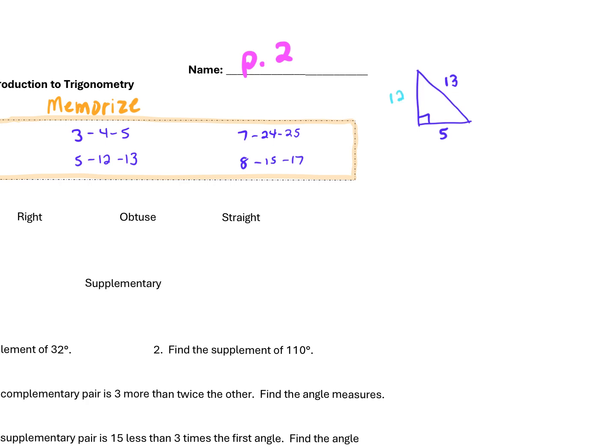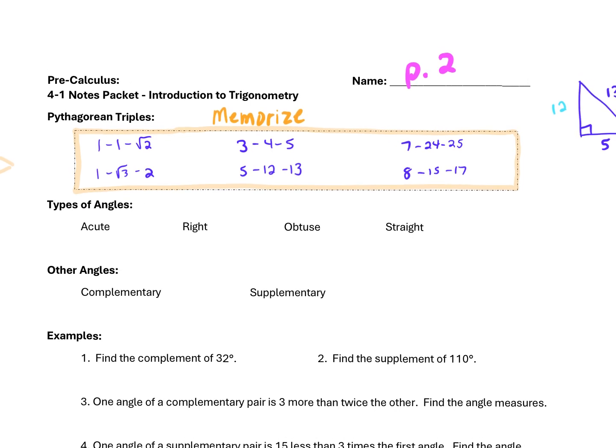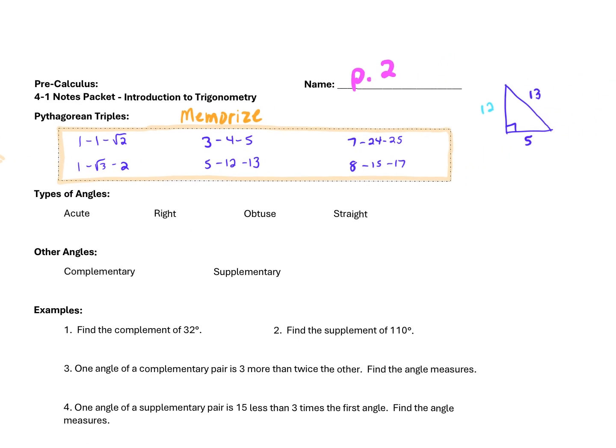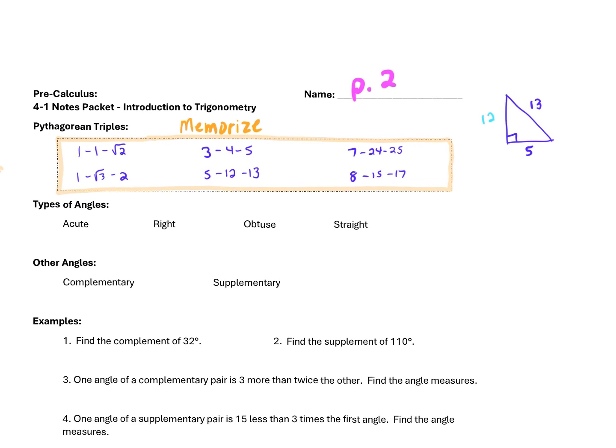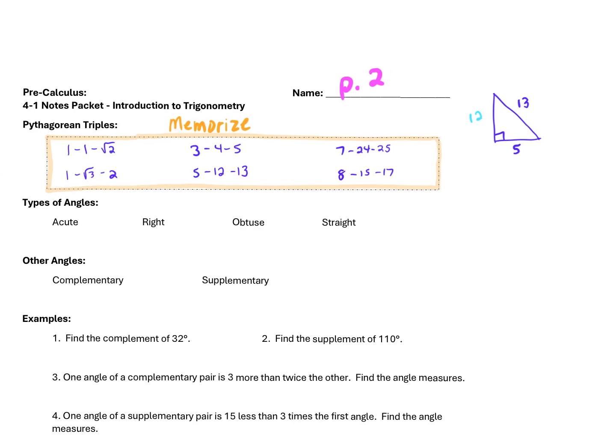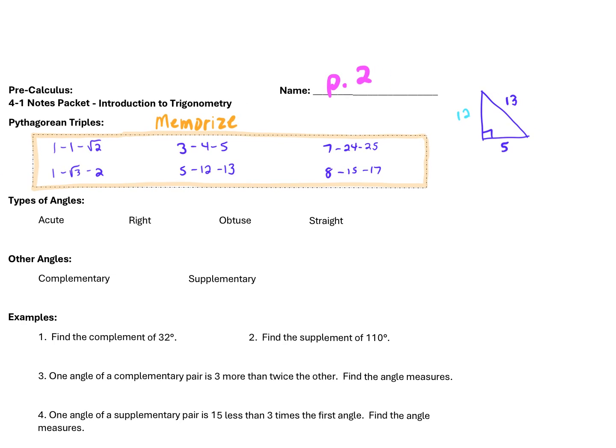Okay, so the way these numbers are set up with what you are memorizing, the first 2 numbers are the legs, and the last number, if you notice in each set there, is the largest. So that's your hypotenuse, because remember the hypotenuse is always the longest side, right? So legs are first, the 2 legs, and then hypotenuse. That's how those numbers are set up.